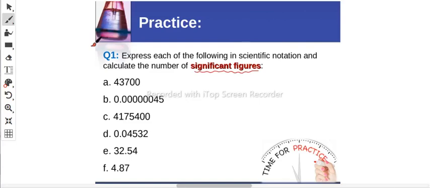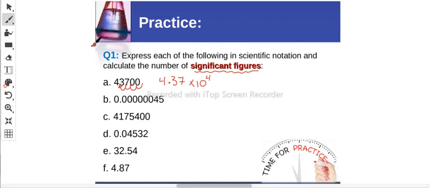So let's start together. In A, I'm going now to rewrite the number into scientific notation. I'm going to stop beside the 4. So it is 4.37, multiplied by 10 to the power of 4. When writing the number into a correct scientific notation, you're going to find the number of significant figures.